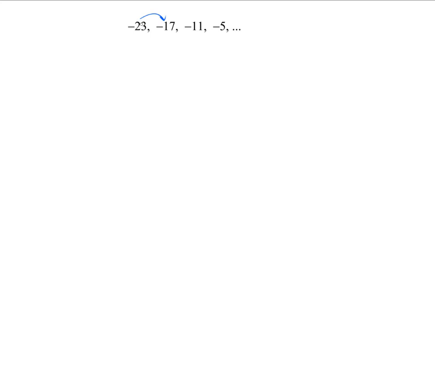Well, if you said I'm subtracting 6, you are almost right, but I'm actually not subtracting 6 because notice this is a negative 23 and this is a negative 17. So really, to go from negative 23 to negative 17, I'm actually adding 6. So my pattern is add 6.